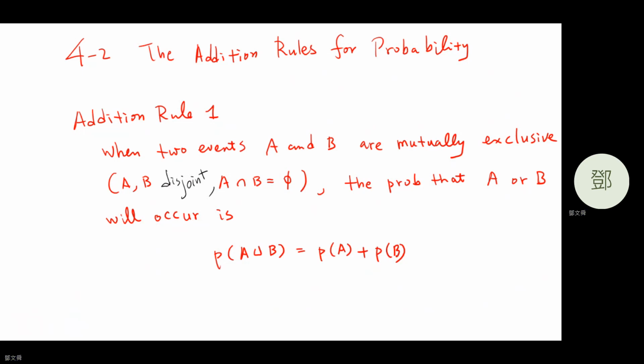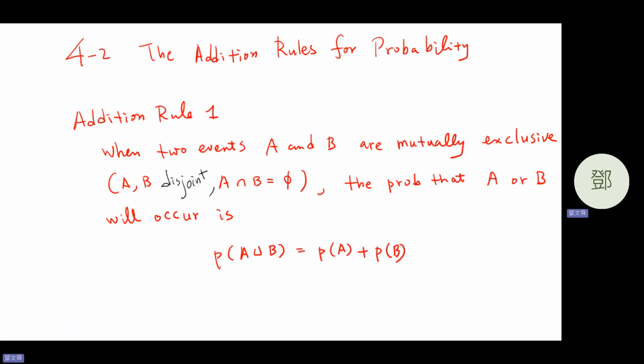That's addition rule number 1, only when A and B are mutually exclusive, they have nothing in common, or the intersection of A and B is empty.